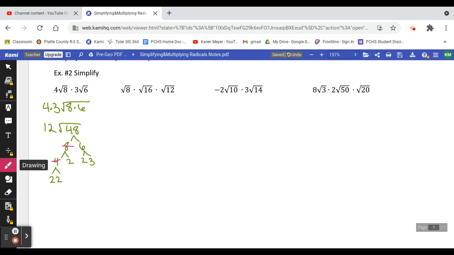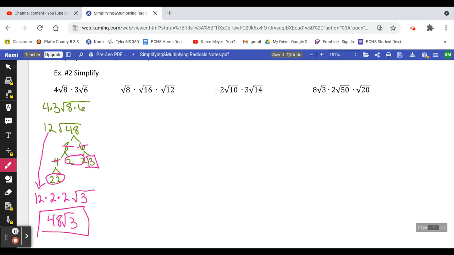No go on 8, no go on 4, no go on 6. I got a group of 2s, I got another group of 2s, and I got a leftover 3. Don't forget the 12 in front, so take 12 times 2 times 2, and then inside is my single number, which is just 3. So 12 times 2 times 2 is 48 square root of 3. And that's it.